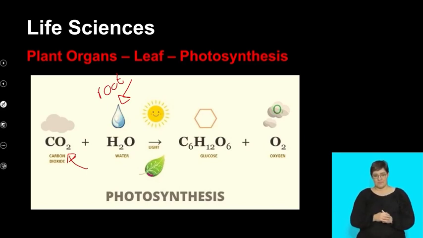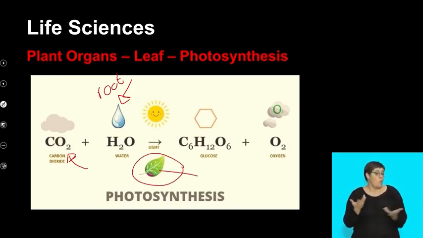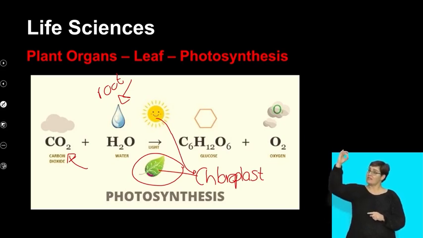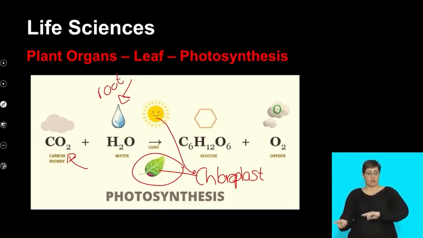Now, photosynthesis occurs in the leaf. The reason why the leaf is green is that it has a very special organelle called a chloroplast, which, when triggered by sunlight, has a whole lot of reactions occur. The leaf makes glucose, a sugar, which it's going to store as starch.